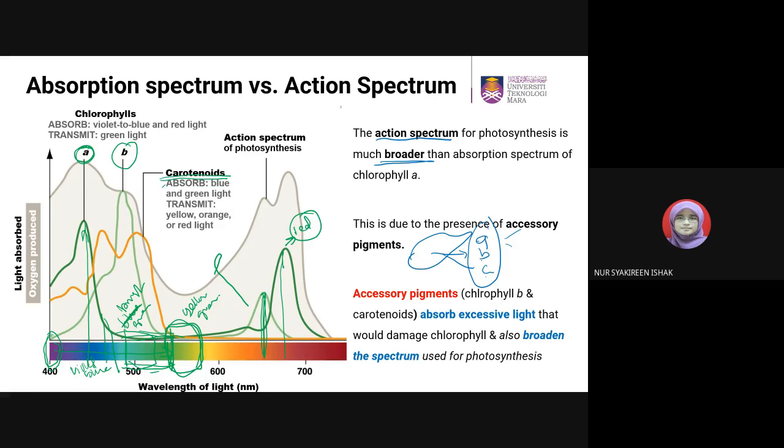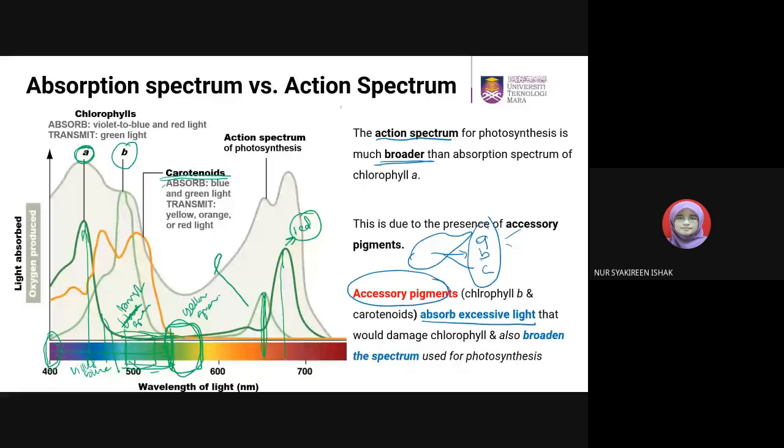Okay. So apa fungsi accessory pigments ni? So accessory pigments macam chlorophyll B dengan carotenoids is to absorb excessive light that would damage chlorophyll and also broaden the spectrum used for photosynthesis. Maksudnya visible light spectrum ni kan, dia range from violet until red.